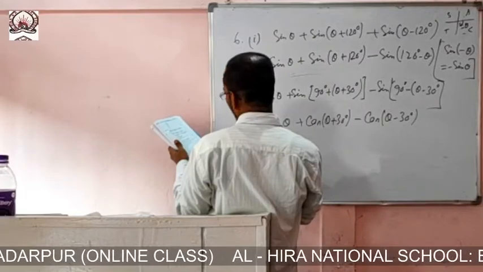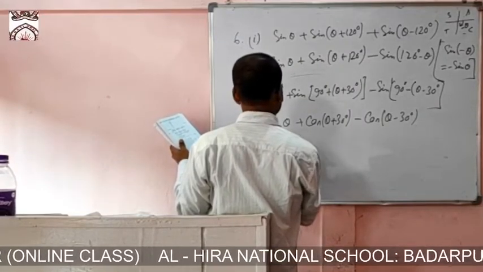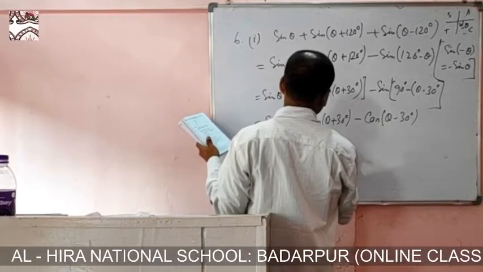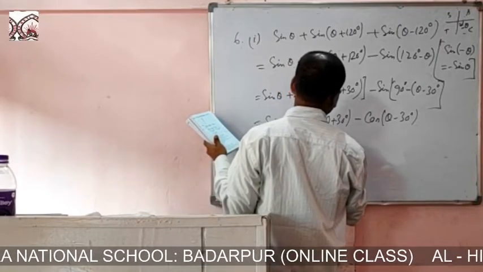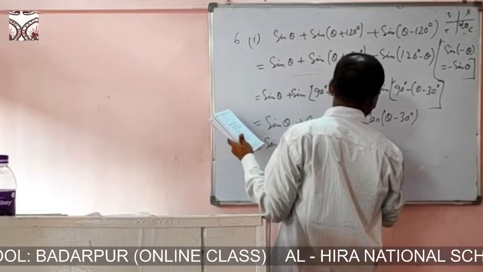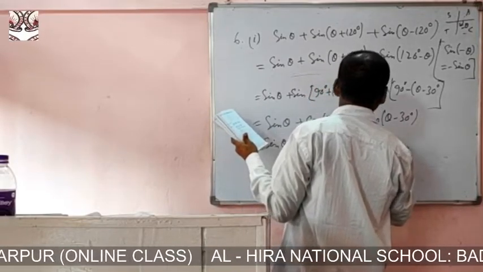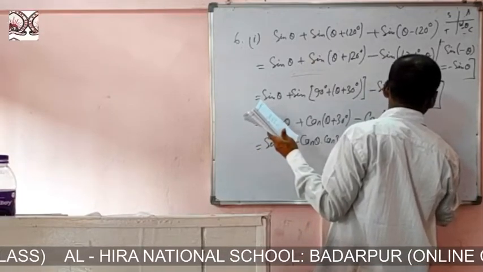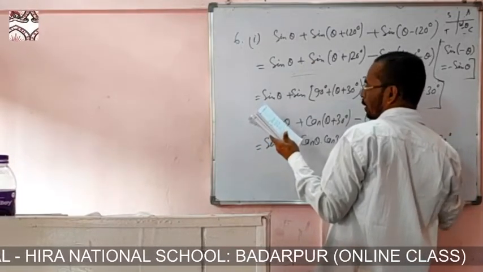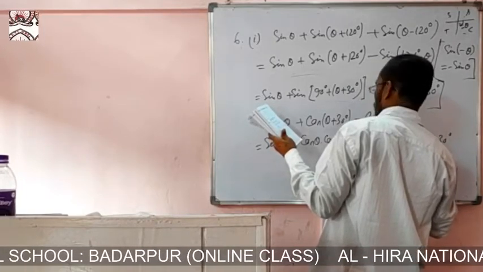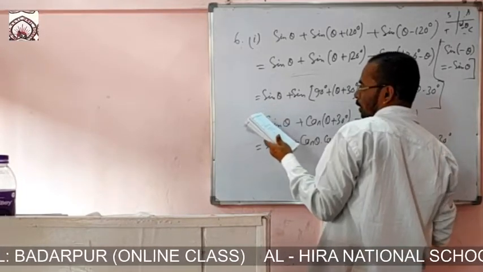So it is sin theta, and then cos(A plus B) we can write cos theta cos 30 minus sin theta sin 30, minus cos theta cos 30 minus sin theta sin 30.